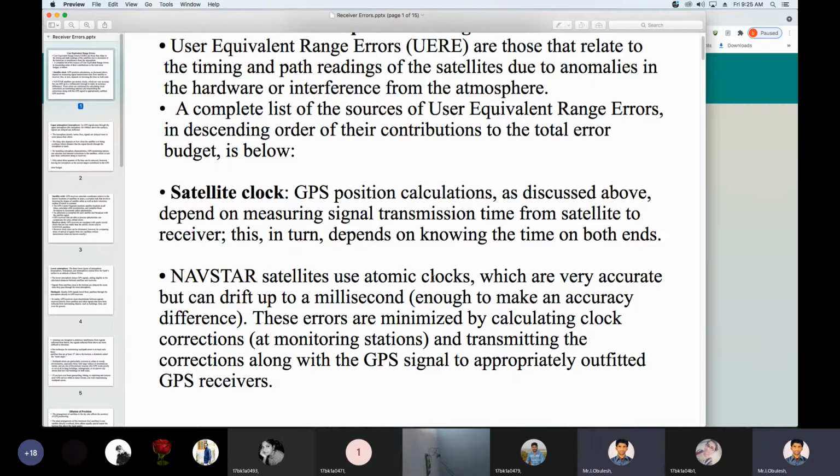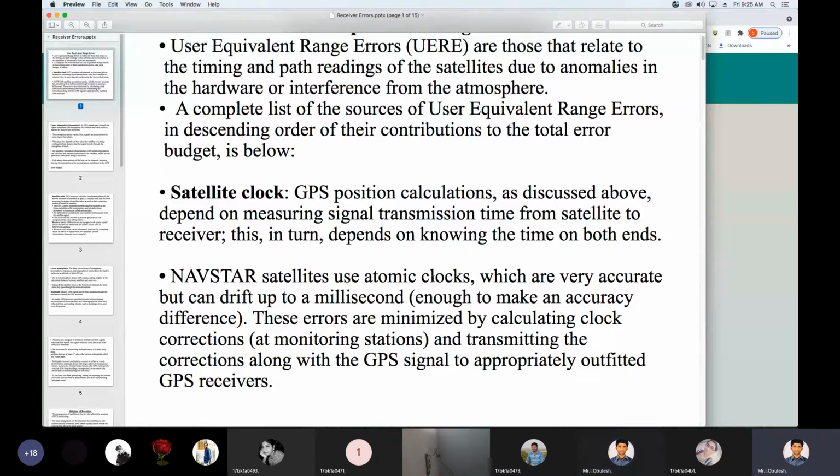Coming to NavStar, the navigation satellite transmitter and receiver satellites use atomic clocks, which are very accurate but can drift up to a millisecond, which is enough to make an accuracy difference.